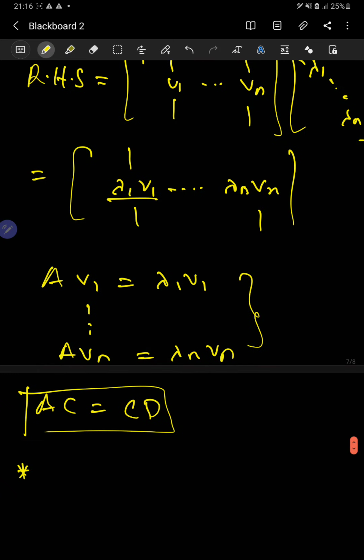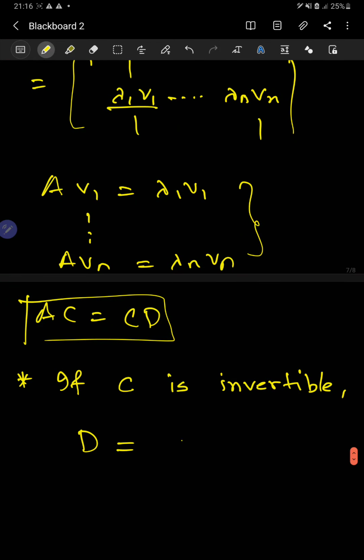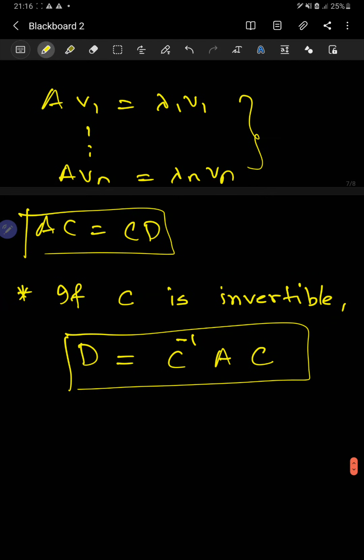So an important thing to note: if C is invertible, then we can write D equals C inverse AC. That is, we know a procedure to diagonalize a matrix. How?